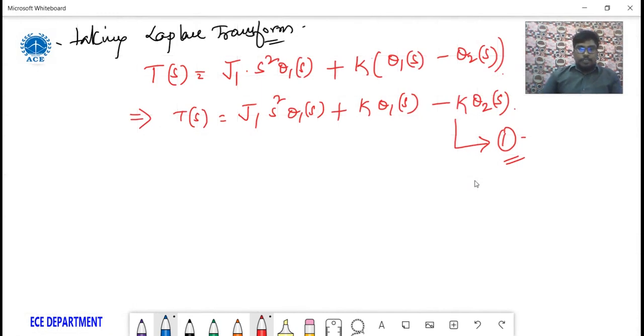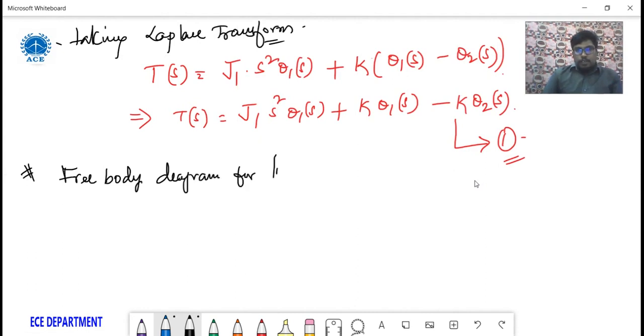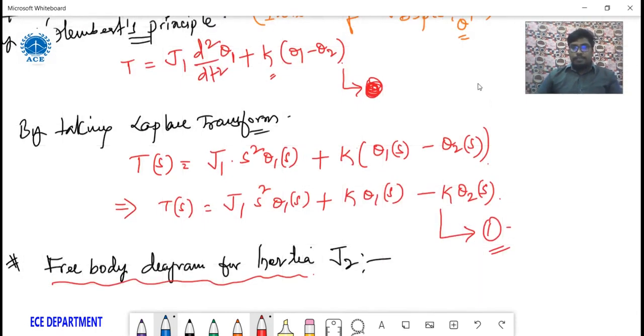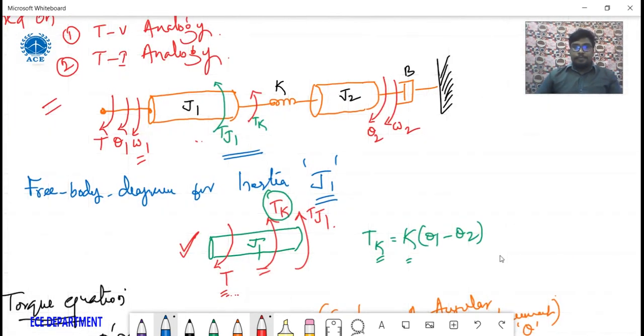Next I would like to draw the free body diagram for inertia J2. Let us go to the diagram once. Here is J2. What are the opposing torques here?